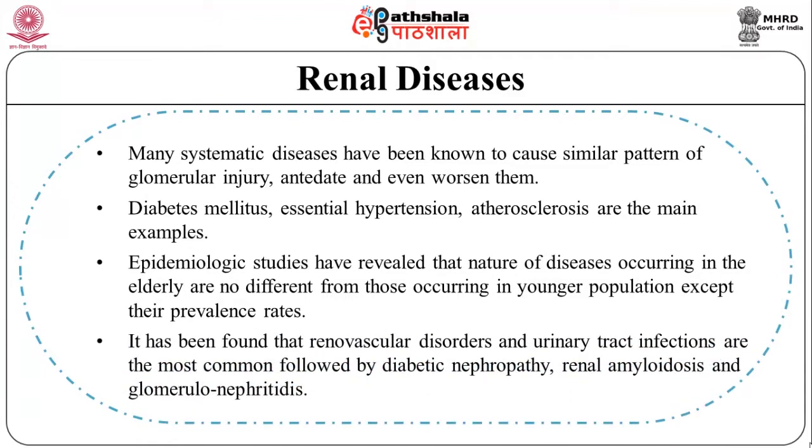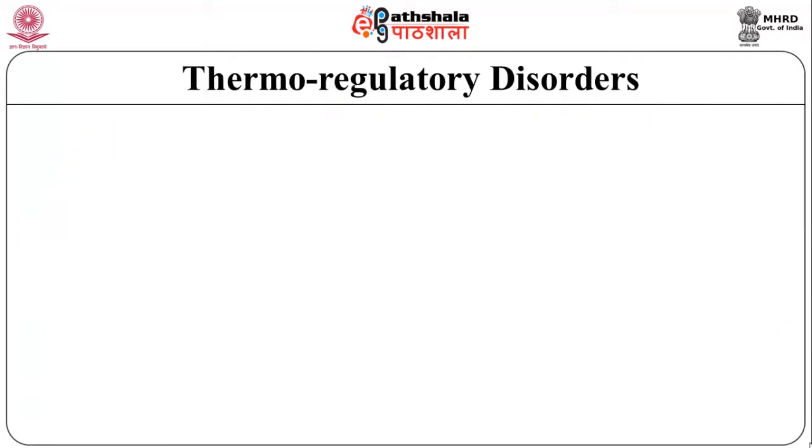It has been found that renovascular disorders and urinary tract infections are the most common, followed by diabetic neuropathy, renal amyloidosis and glomerulonephritis.